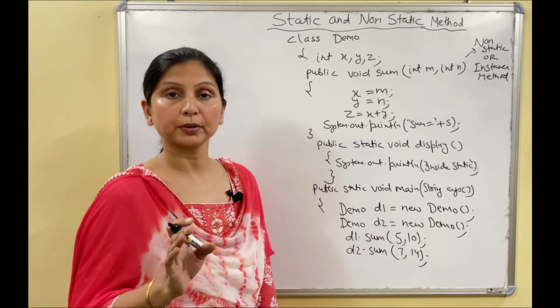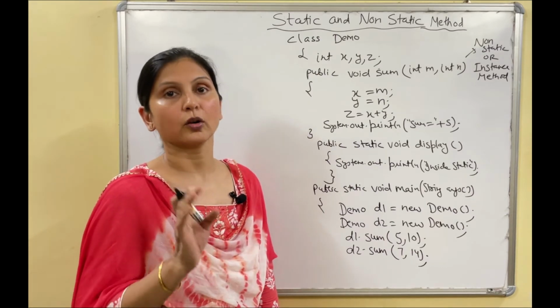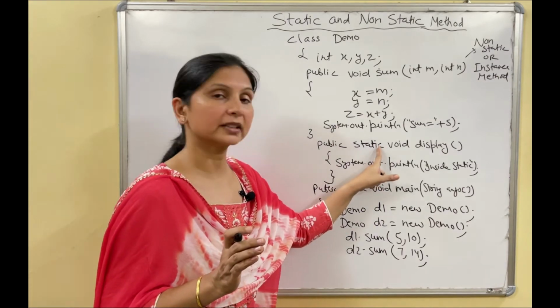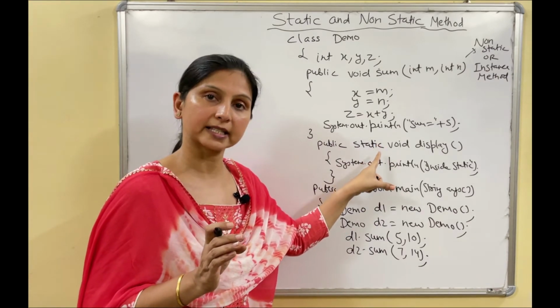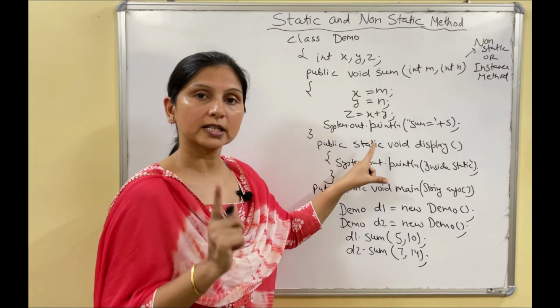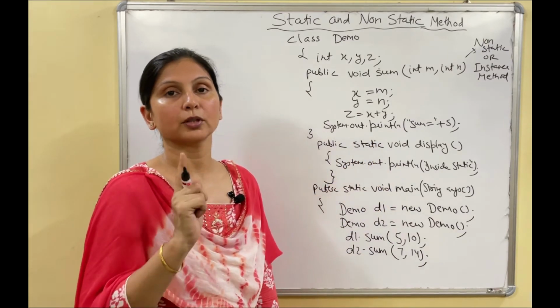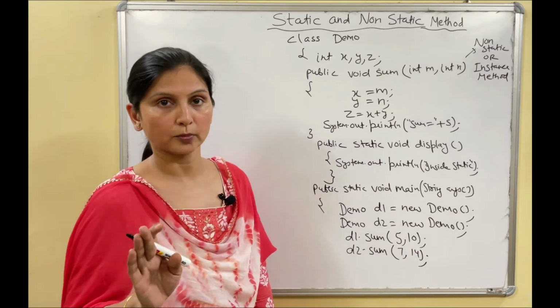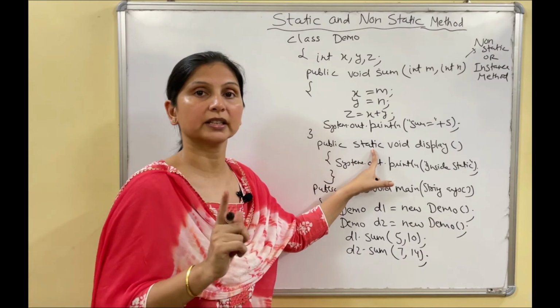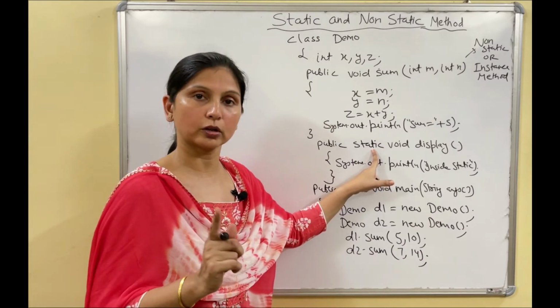It does not belong to objects or instance. So you cannot invoke static method with the help of instance. Object is the instance only, right? So first point is static method belongs to class, not to the object. So that's why we cannot invoke static method with the help of instance or object.